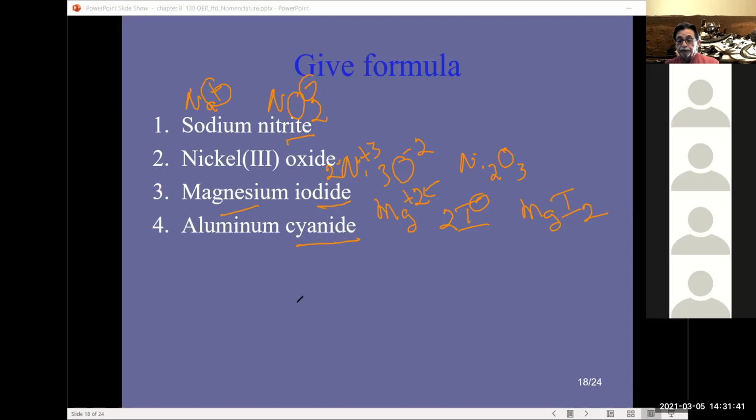Okay, aluminum, part of the 16, so it's going to have a +3 charge. The one that's cyanide, that could be a problem. The fact that it's cyanide is unusual. Go to the polyatomic ion table. And when you do that, you'll find this here. And so this means that each one has a -1.